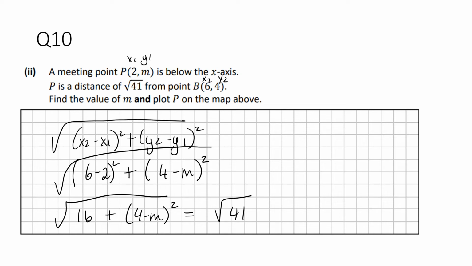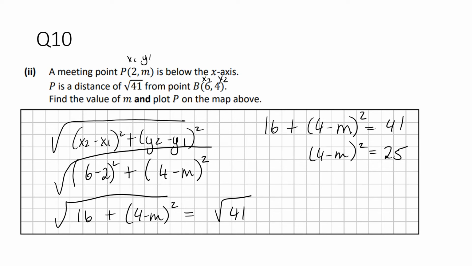So you can get rid of the square root on each side and just have 16 plus (4 minus m) squared is equal to 41, and then if you take away 16 from 41, you get 25.